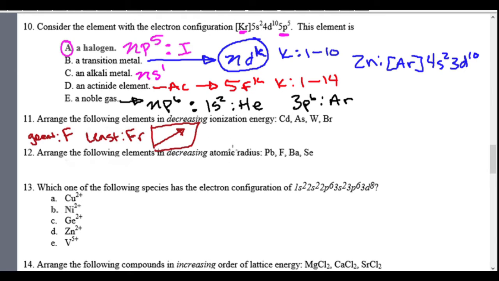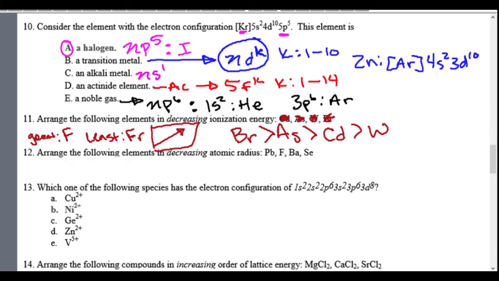The one with the least is going to be the one closest to francium, and the one with the most ionization energy is closest to fluorine. So if we arrange this, the most is going to be bromine, which is greater than astatine, which is greater than cadmium, which leaves tungsten. If you look at the periodic table, tungsten is closest to francium when we're comparing all of these.